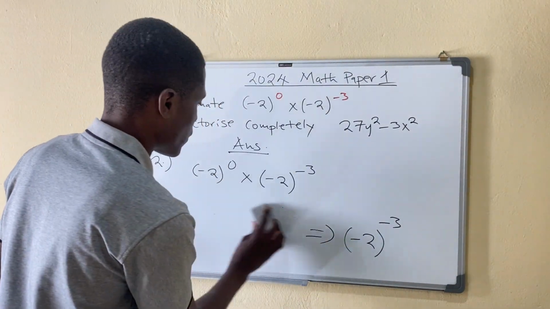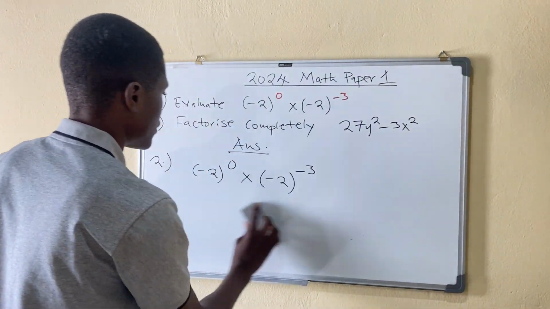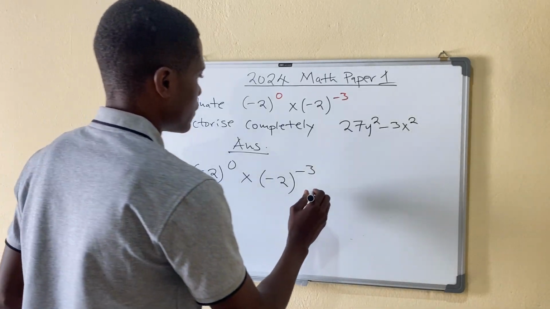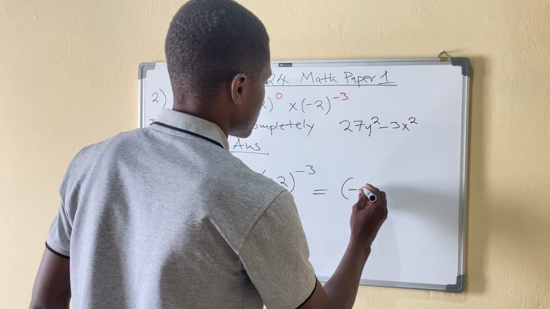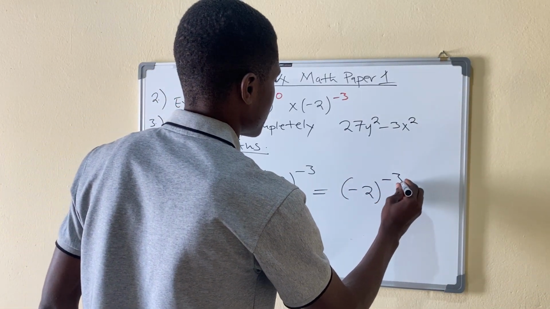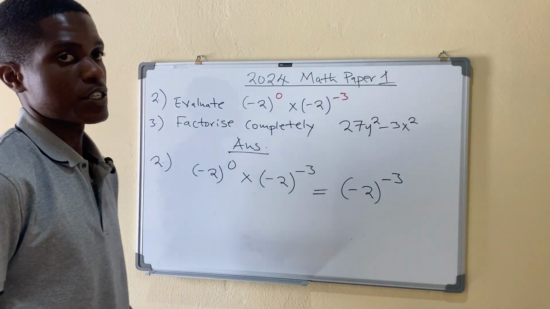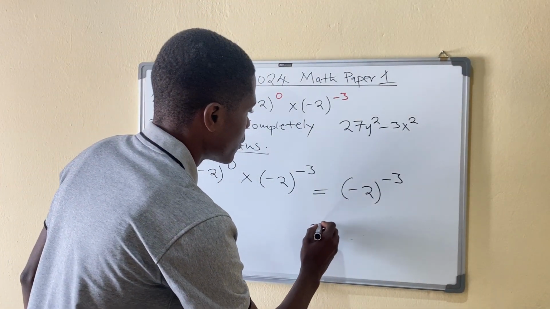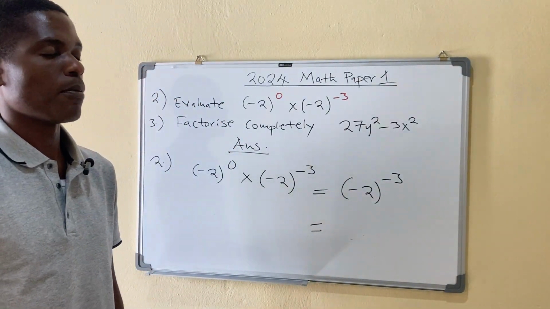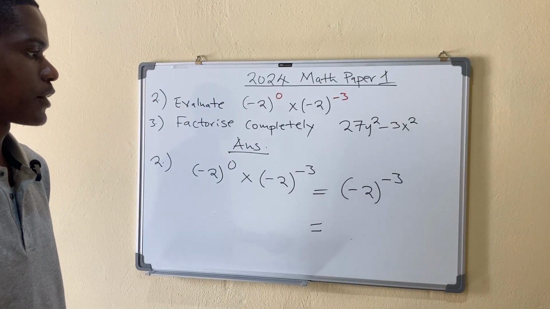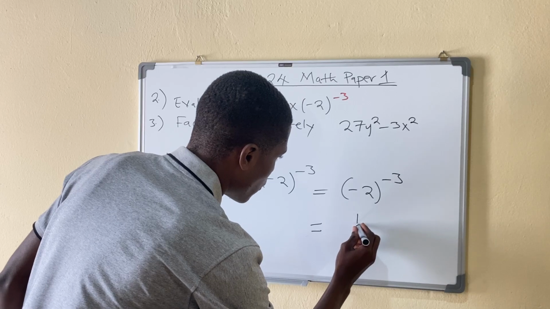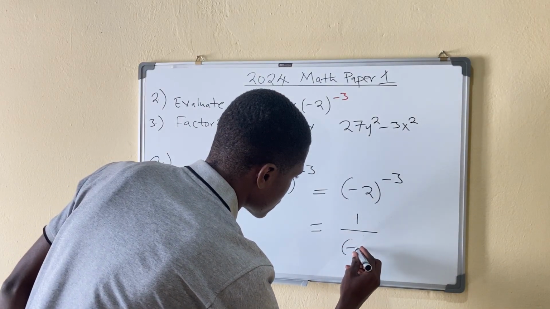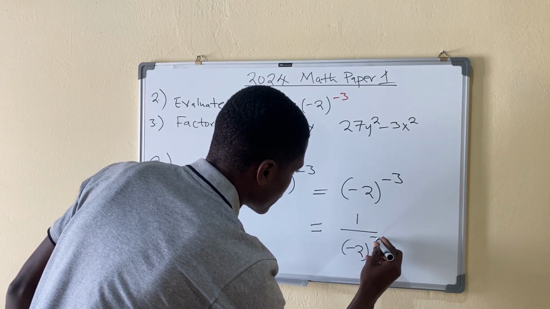So now, after following the indices, we have (-2) to the power -3. Whenever you've got a negative power, you can deal away with the negative by making it a fraction. So it will become 1 over (-2) to the power 3.